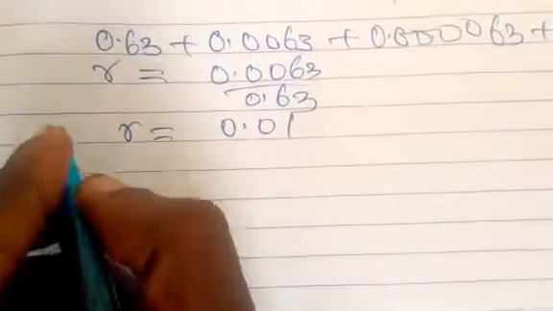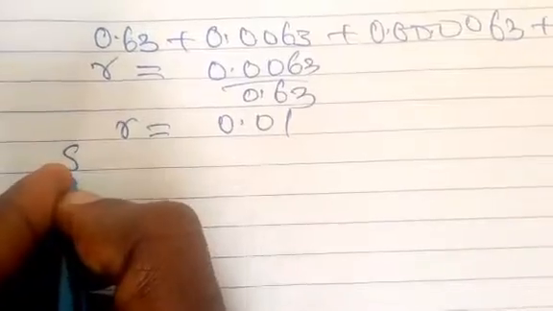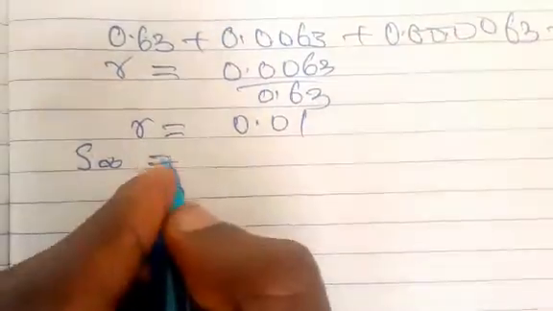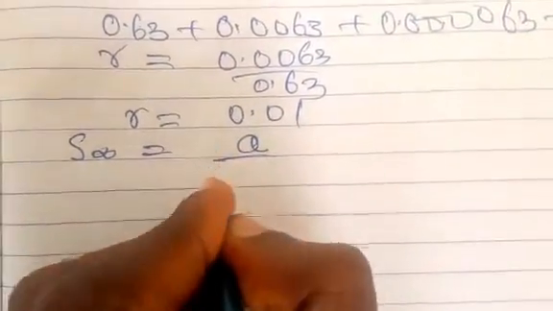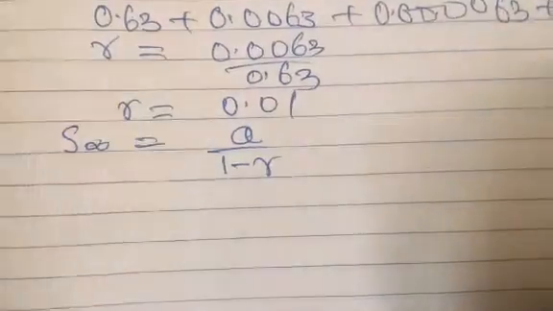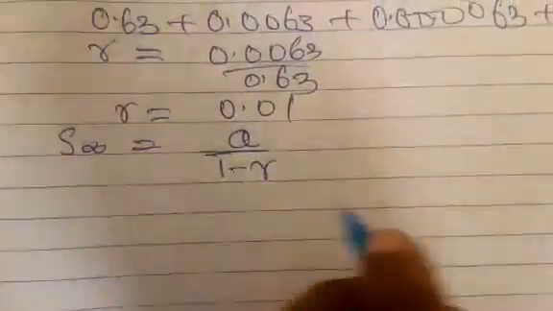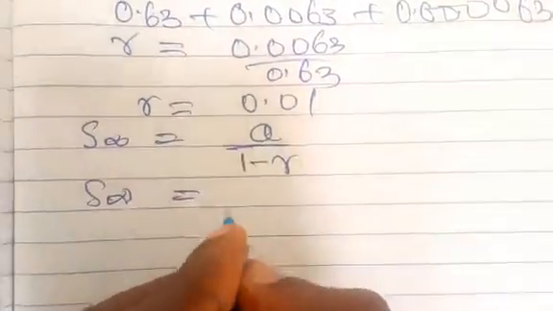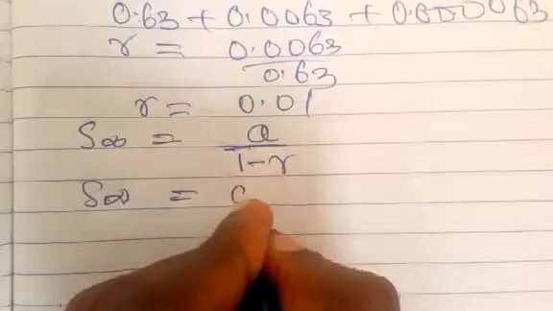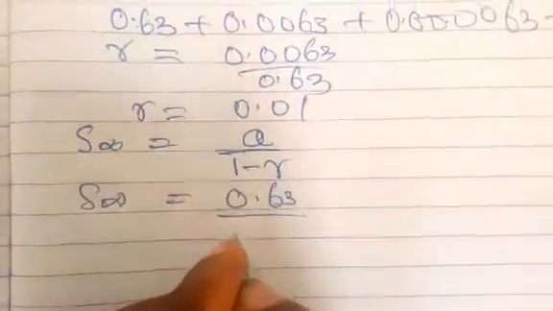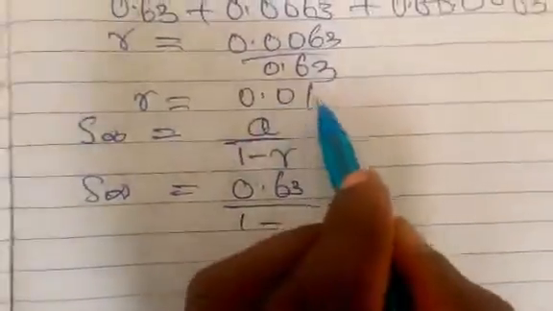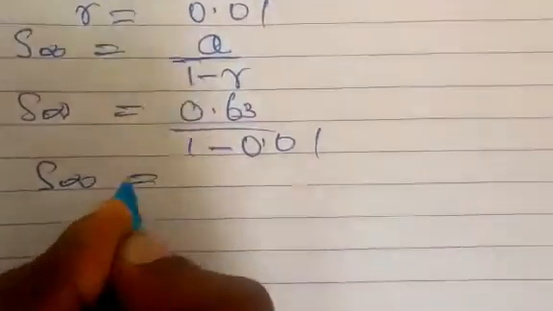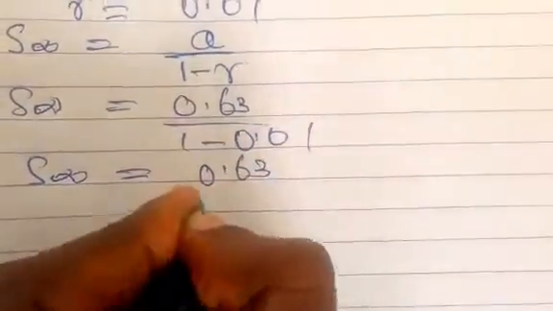Now from our formula we have that s equals a over 1 minus r. Then we have here a, which is the first term, 0.63, 1 minus r, which is 0.01, so that we have 0.63.